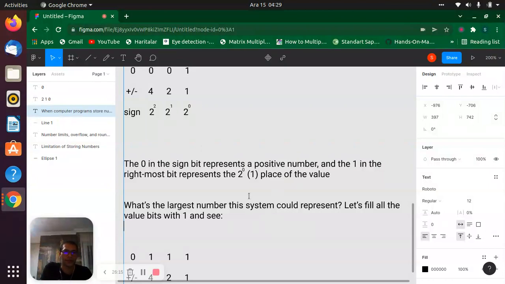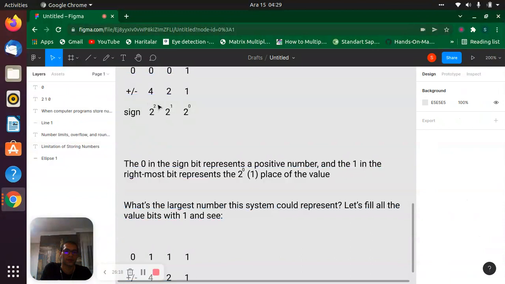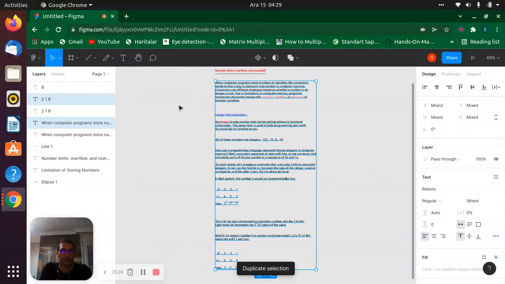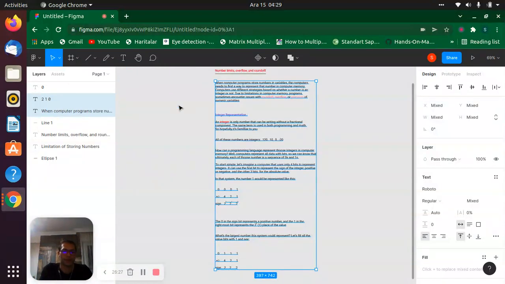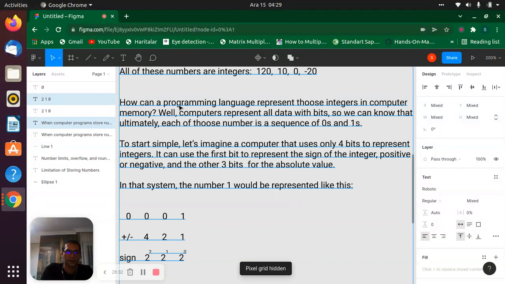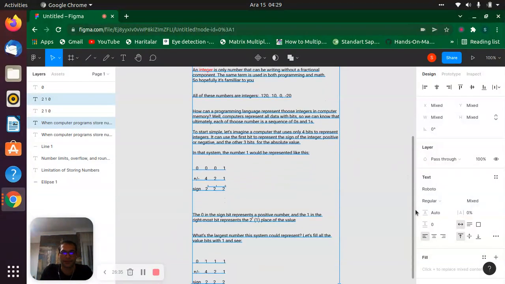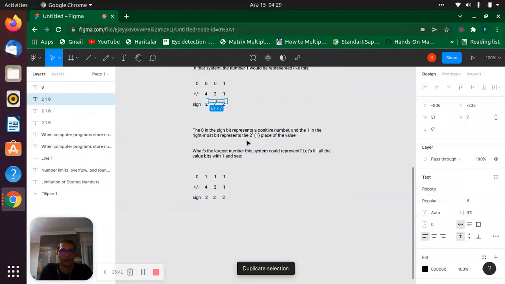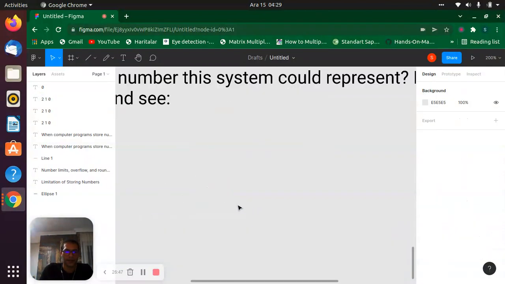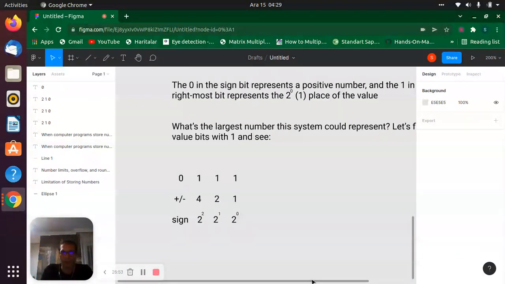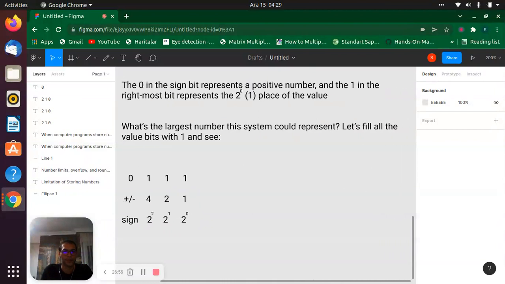Anyway, let's duplicate it and take it here. Sorry, I don't understand what happened here, but it's okay. Now I solve the problems again.